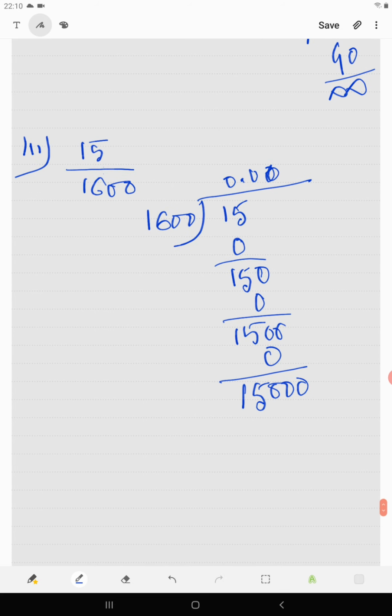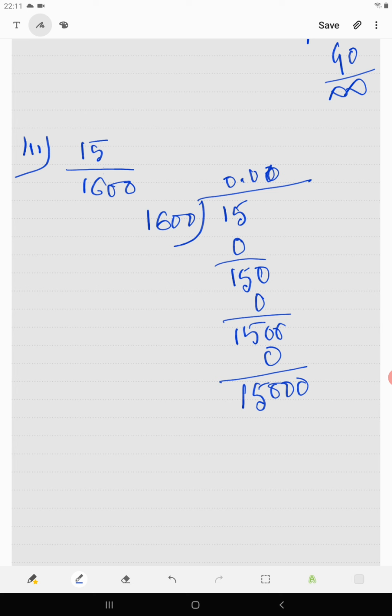Now what is the nearest thing? If you know the table for 16, so 16 8s are 128 and 16 9s are 144. So that is coming near about 150.